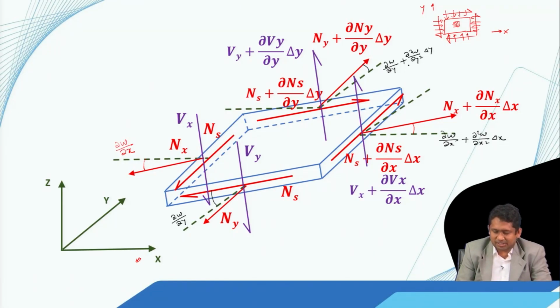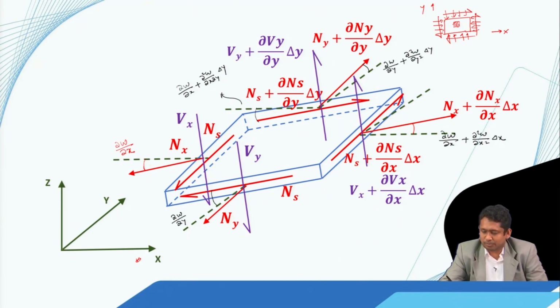Now let us look at the shears. If we look at this shear force at the positive y face, it makes an angle with respect to the x axis, and that we can write as del w by del x plus its increment. So we have to write the slope of del w by del x along the y axis, which is del 2w by del x del y, and we multiply that with delta y.